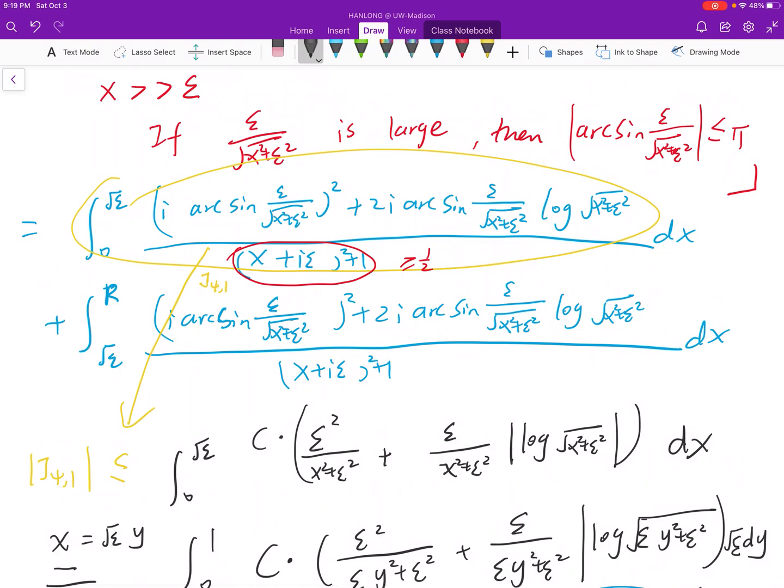That's the usual situation we meet when we do estimates. Sometimes the cut is not enough. We need to have some better way to control it. Okay.